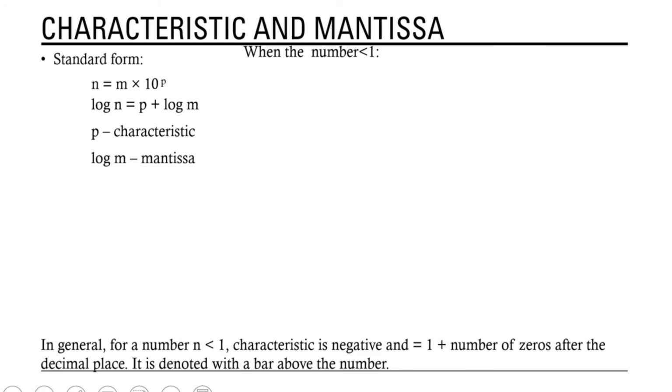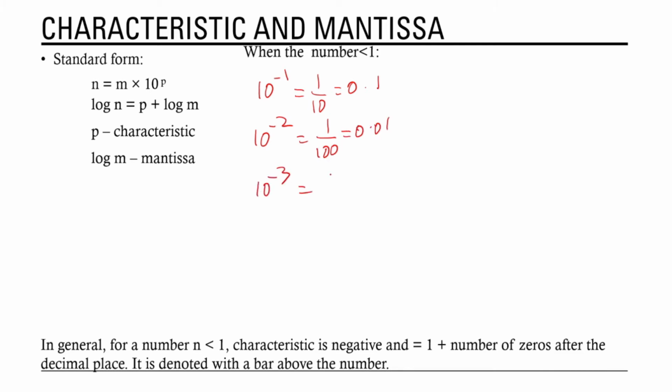The next one we will see is when the number is less than 1. Again, similarly we have a few results. We have 10 raised to minus 1 is equal to 1 by 10, which is 0.1, 10 raised to minus 2 is equal to 1 by 100, which is 0.01, 10 raised to minus 3 is 1 by 1000, which is 0.001.